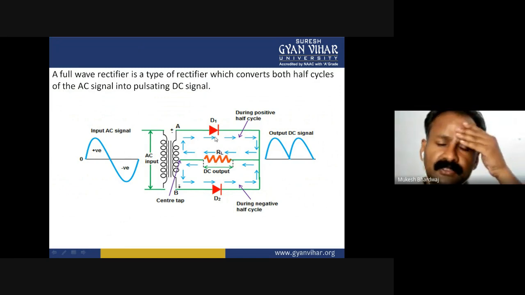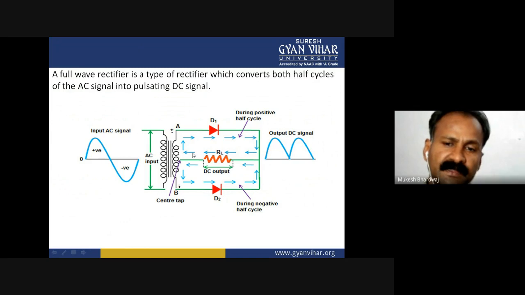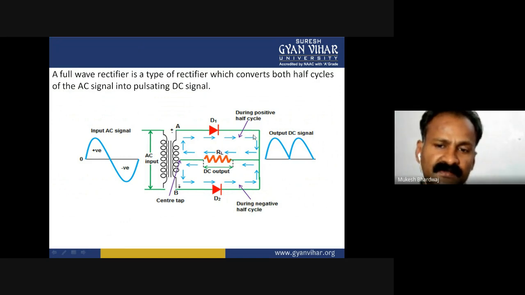In the given figure, the AC input signal is applied. As you are observing, the direction of current during the positive half cycle is from left to right through the load resistance, and for the negative half cycle the current direction is again from left to right.